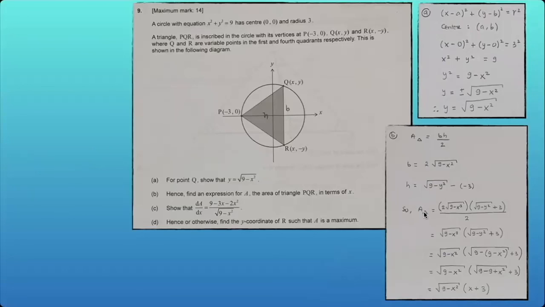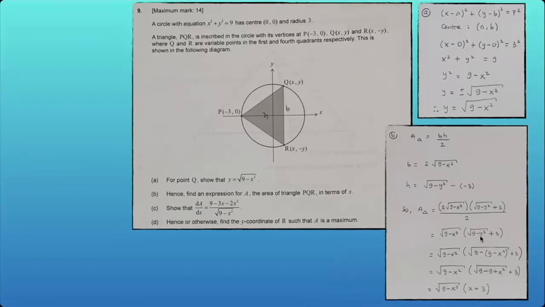So area of the triangle is equal to the base, that one there, multiplied by the height divided by 2. These two cancel out to end up with this expression.